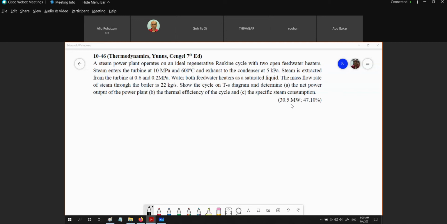Okay. In this question, we are looking at the usage of 2 feed water heaters. Both are open type. So can we sketch the schematic diagram of this type of feed water heater?